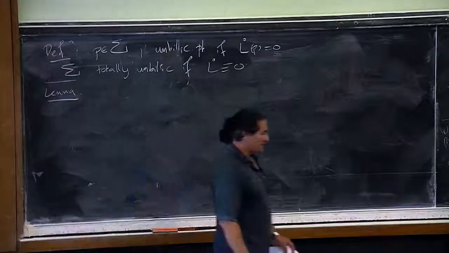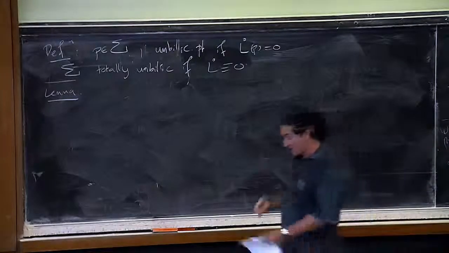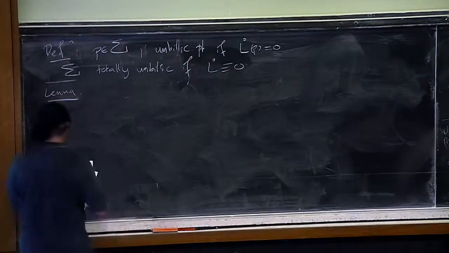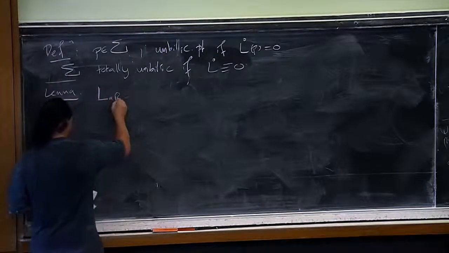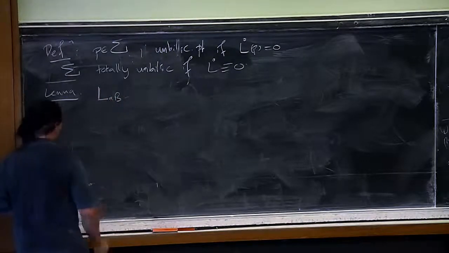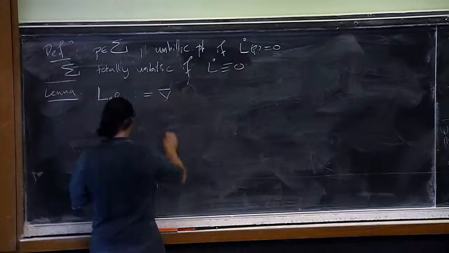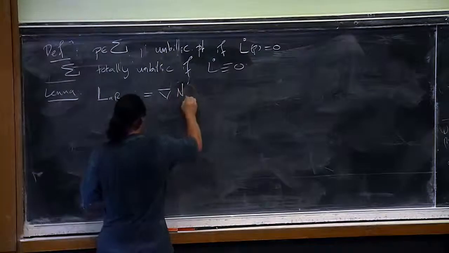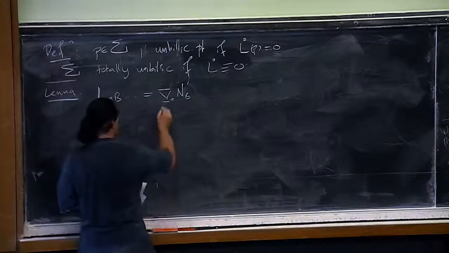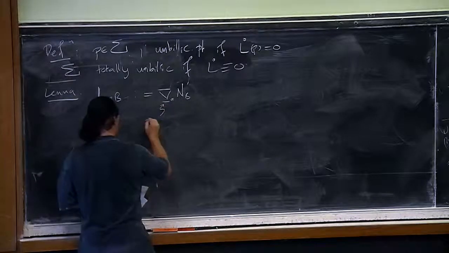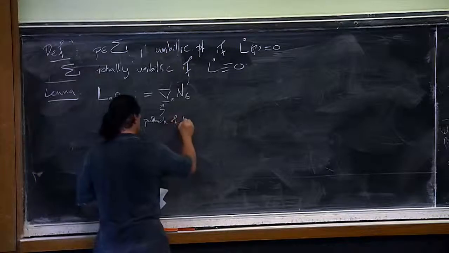Let's see how this totally umbilic condition shows up in conformal geometry. So I want to form this thing, LAB. So this is a one-form index and a tractor index. It's going to be defined to be just the tractor derivative of the normal, but in the direction of the submanifold. So this is the pullback, if you like, of the tractor connection.